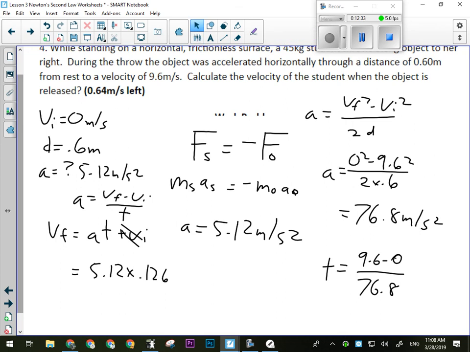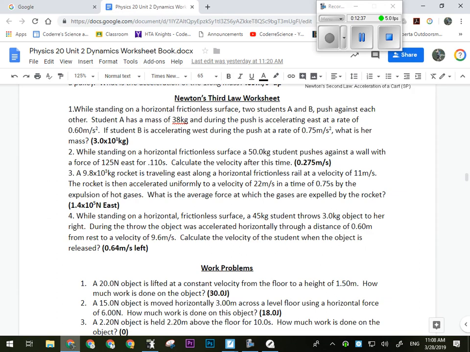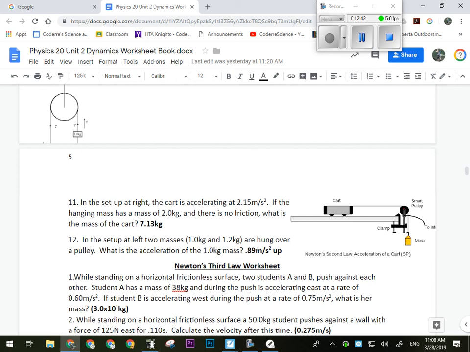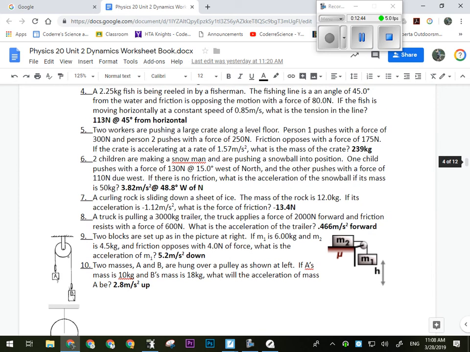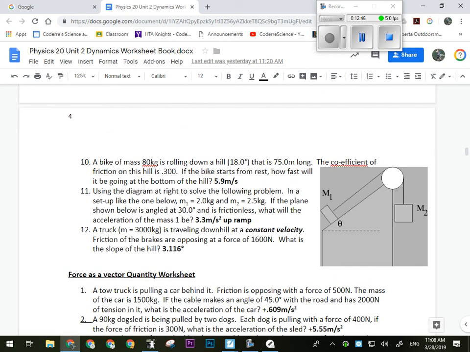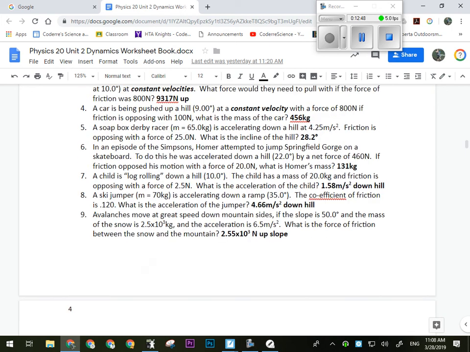Last couple of Newton's second law problems that I want you guys to work on here were, okay, I wanted you guys to do number 8 because that one was an inclined plane with coefficient of friction.